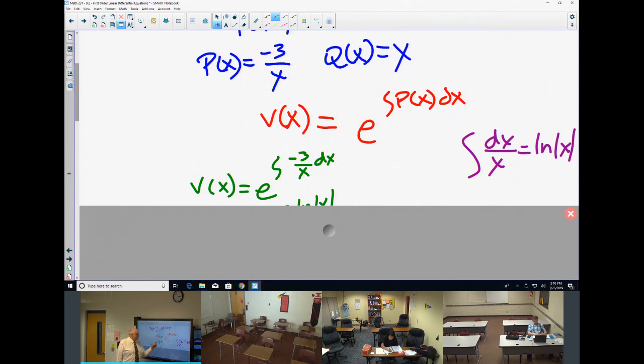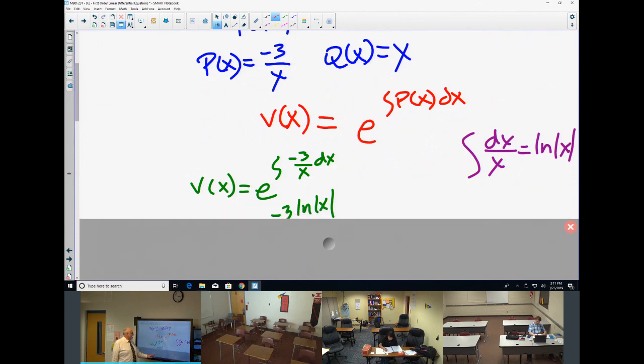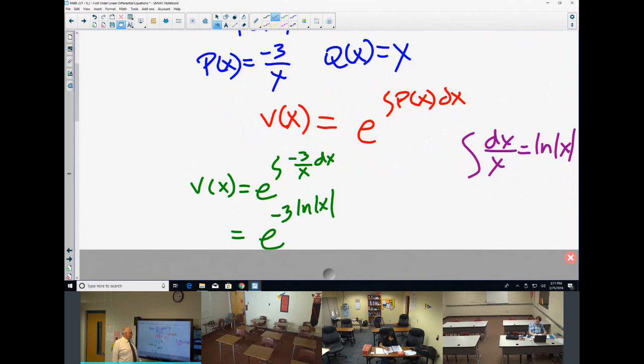Well, now, if I pull the -3 in front, then the integral of dx over x is the natural log of the absolute value of x. Okay? That's going to pop up a lot. So you need to remember that the integral of dx over x gives you the natural log. So we get e raised to -3 times the natural log of the absolute value of x.